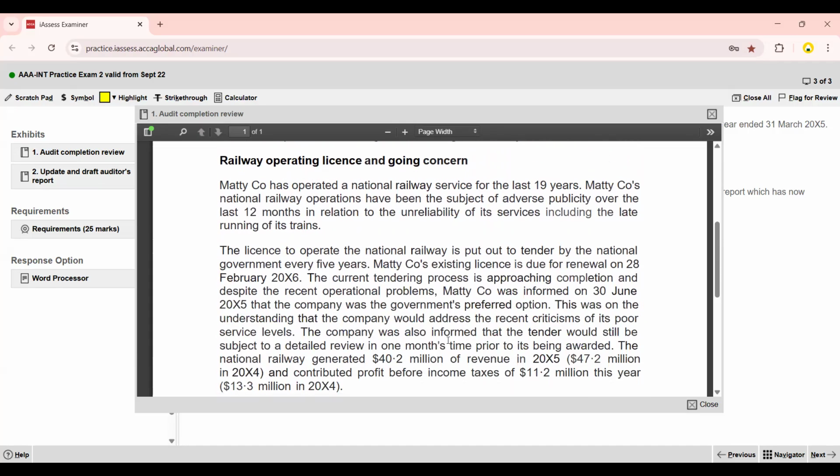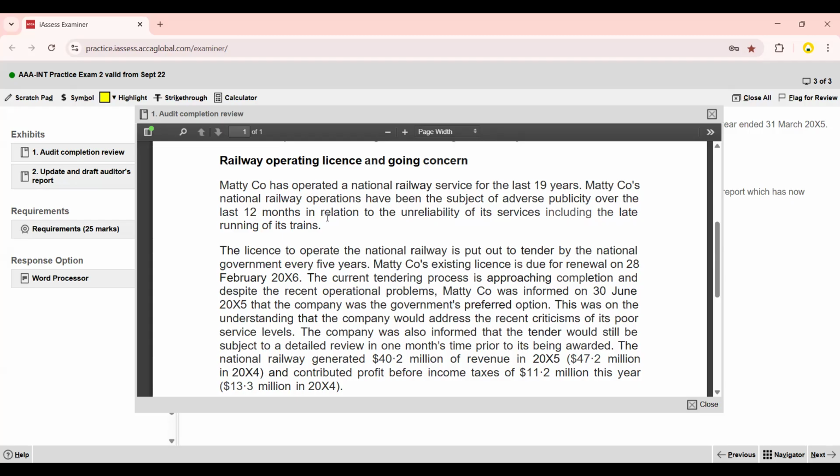Railway operating license. Matty Company has operated a national railway service for the last 19 years. Matty Company's national railway operations have been the subject of adverse publicity. Highlight this. Whenever there is adverse publicity, it will affect your market share, your reputation, goodwill.